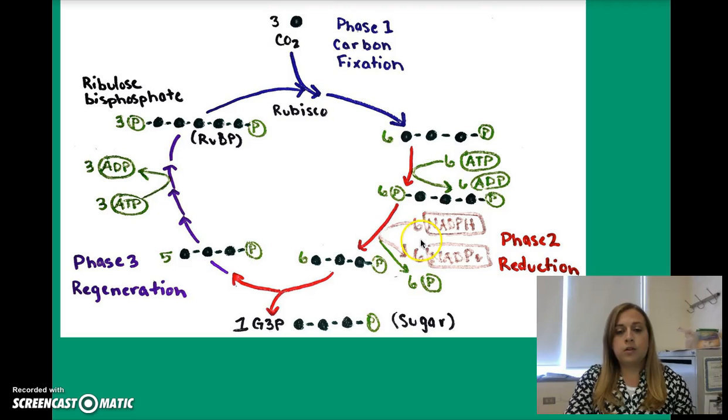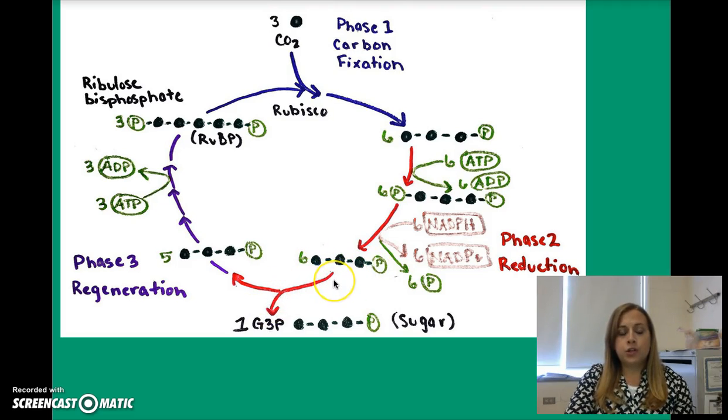Here, this is us making sugar, and so this is the reduction phase. So we are going to use up 6 NADPHs. We are also going to release 6 phosphates, and we're rearranging this molecule again, and we've got 6 G3P molecules. So again, we've got our 3 carbons, and we've got 6 of them, so we're still at 18 carbons, and now only 1 phosphate group per molecule.